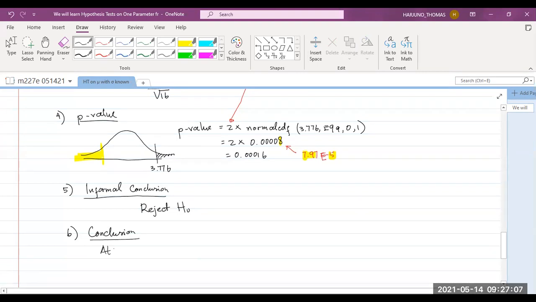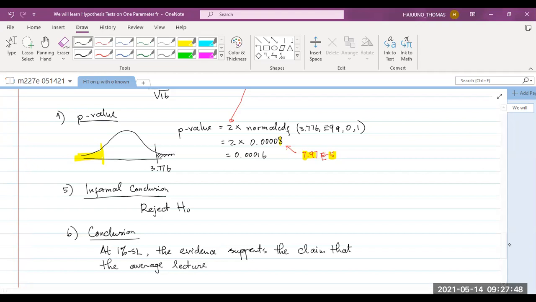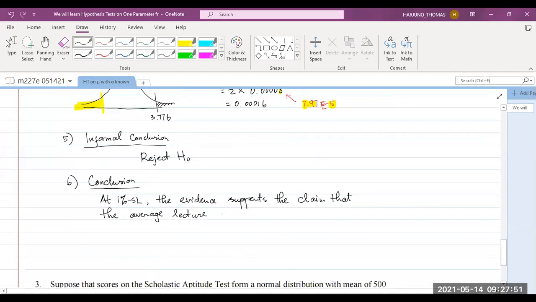Conclusion: at 1% significance level, there is sufficient evidence, or another way of saying that, the sample data supports the claim that the average lecture consists of 3,000 words.